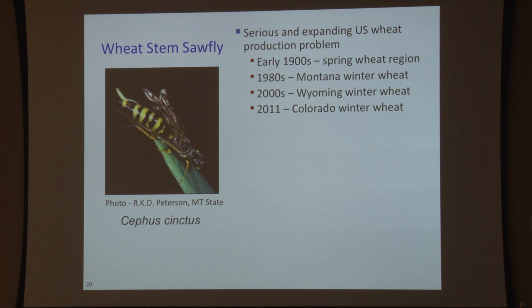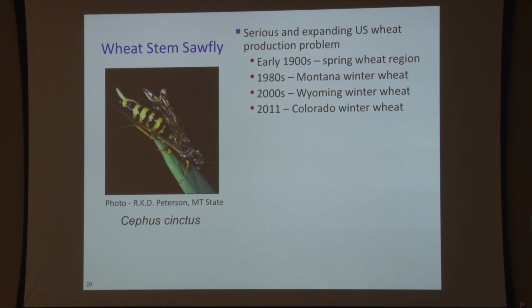So the example from Colorado that I'll give is the wheat stem sawfly. And I acknowledge Scott. I should also have acknowledged Frank Piers, our entomologist, because he's been involved with this insect for a lot of years as well. So this is a serious and expanding problem in wheat production.